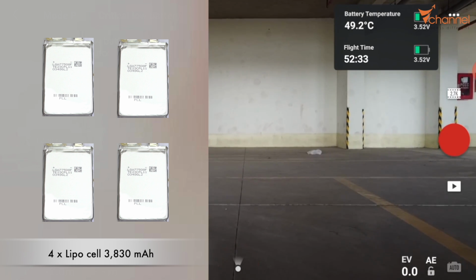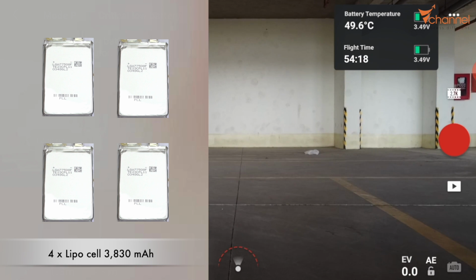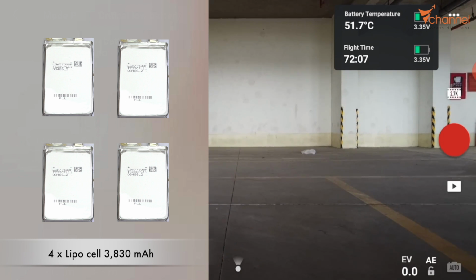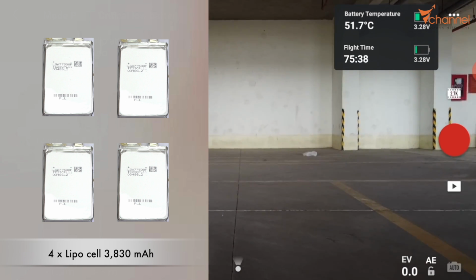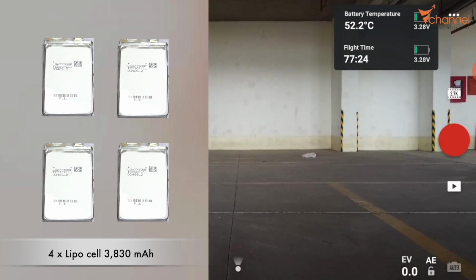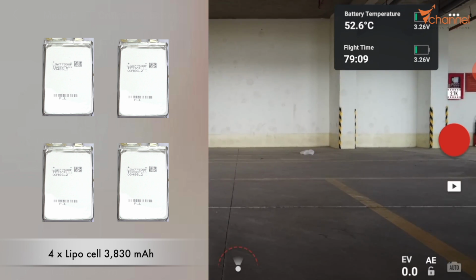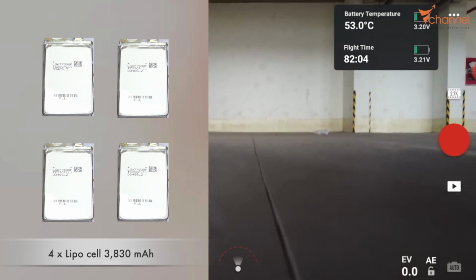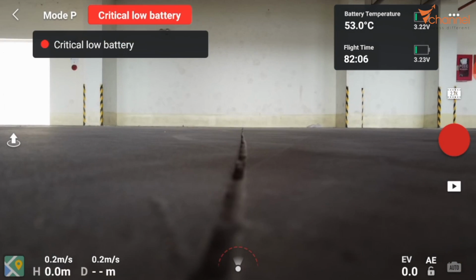Apparently, this is a very efficient method of modifying the Mavic Mini. 74, 75, 81, and 82. So we reach 82 minutes 6 seconds. 1 hour 22 minutes 6 seconds.